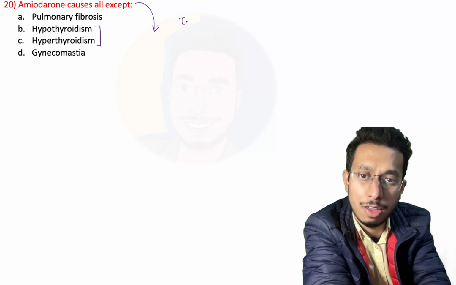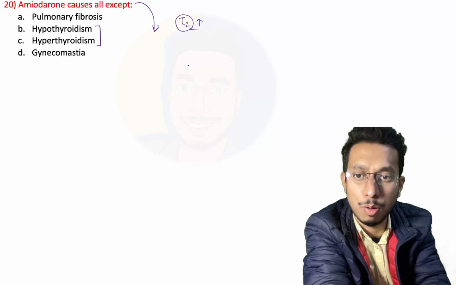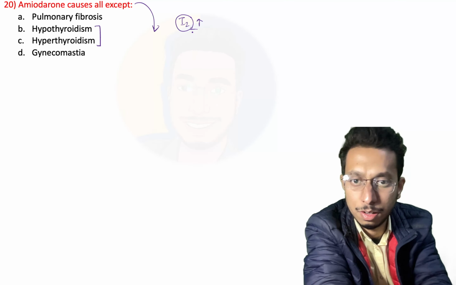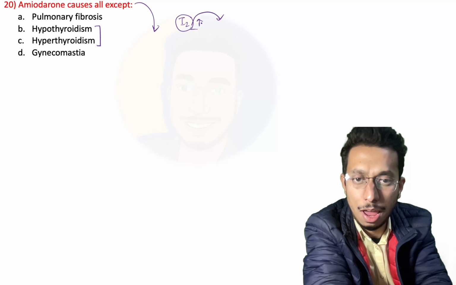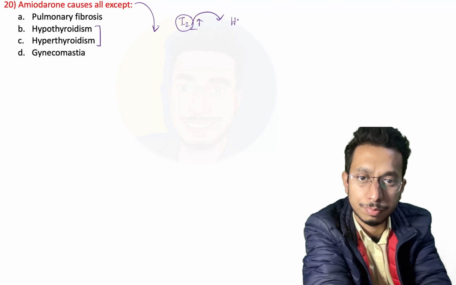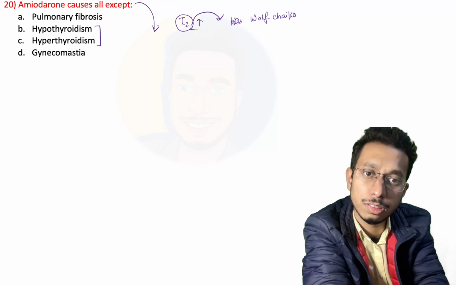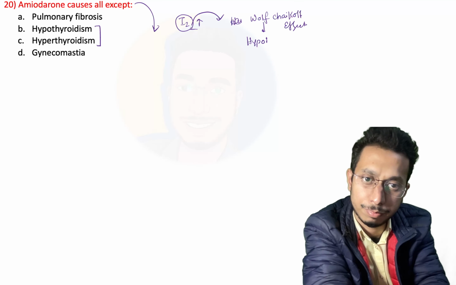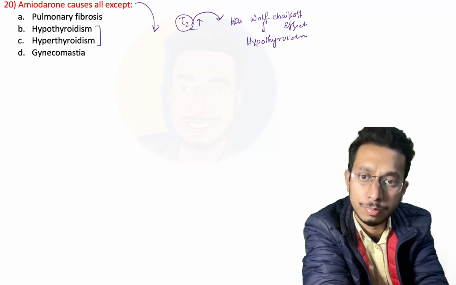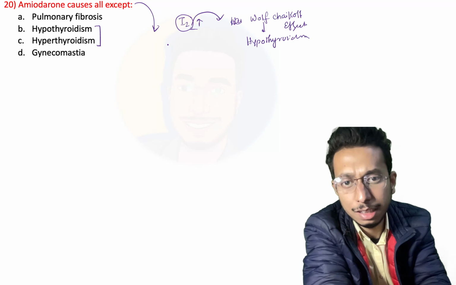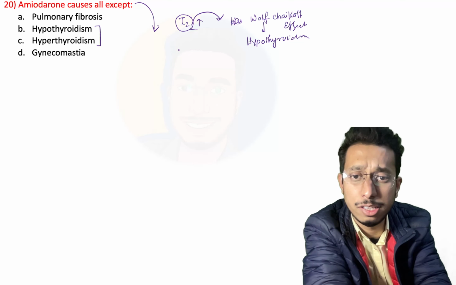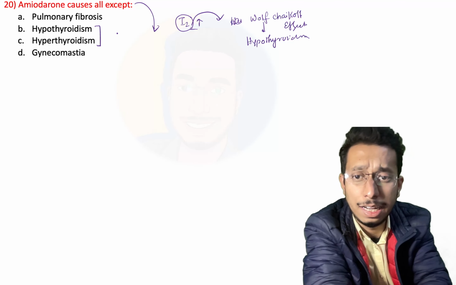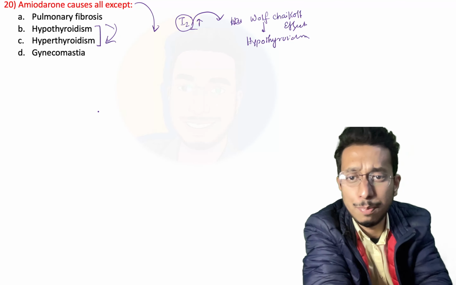Amiodarone has a high iodine content. This iodine gets incorporated in the thyroid hormone synthesis steps and results in the Wolff-Chaikoff effect, which causes hypothyroidism, and due to the Jod-Basedow effect, there is thyroiditis resulting in release of thyroid hormone into the body and causing hyperthyroidism. So hypo and hyper both can be present.